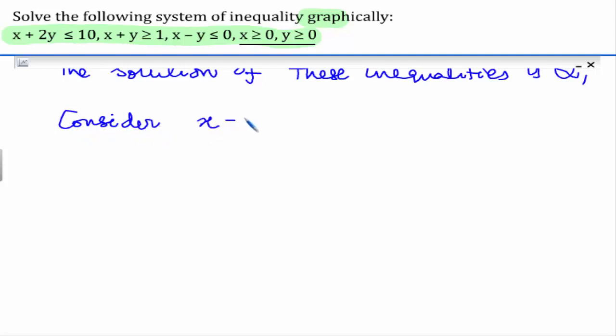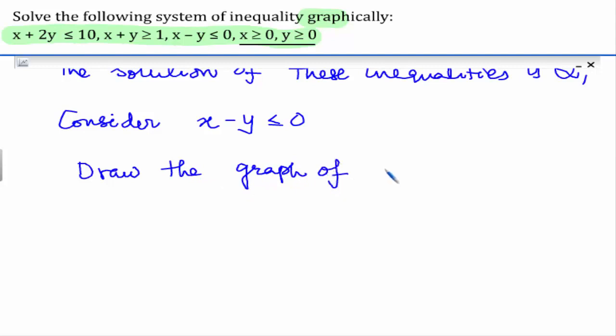Now let us consider another inequality, which is x minus y less than or equal to 0. We have to draw the graph of x minus y is equal to 0. So this will give us y is equal to x.